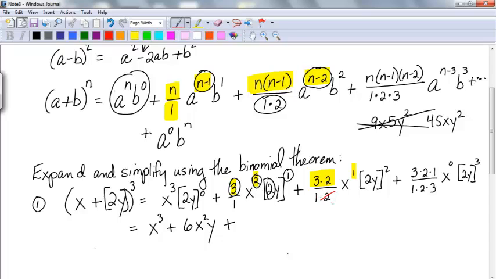So the 2's would divide out, and so we've got a 3 there. Then you need to go ahead and simplify this. 2 squared is 4, times 3 would be 12. We have an x to the first, and this exponent gives us the 4y squared. So there's a y squared.